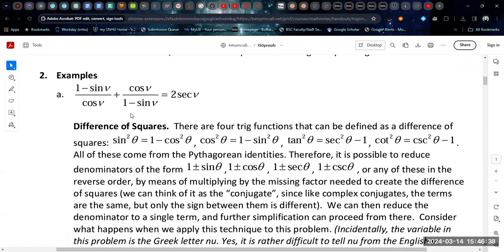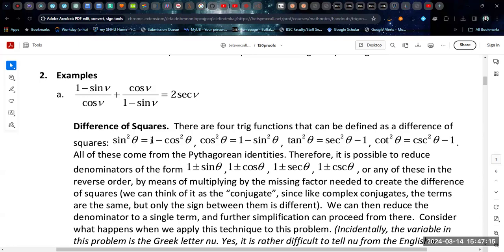So in this case, we have this 1 minus sine v, and that actually might be useful if it was 1 minus sine squared v, because then that would be a cosine identity. So when you have a 1 minus trig function or a 1 plus a trig function, you may be able to multiply by a function divided by itself, where you can create a difference of squares.